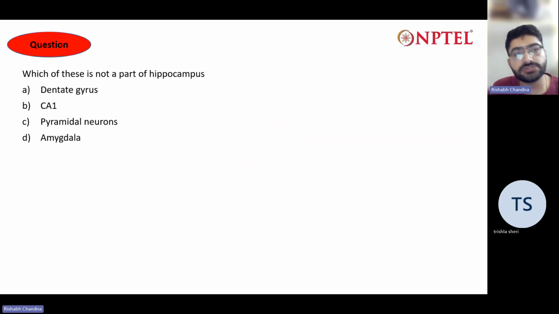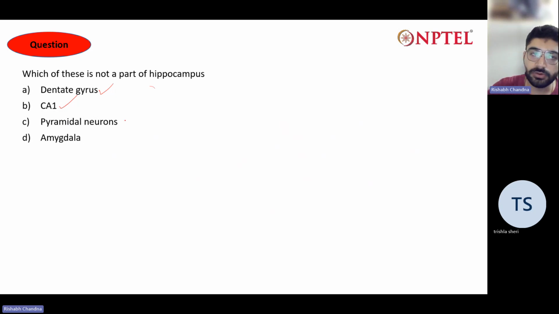Which of these is not a part of the hippocampus? The hippocampus consists of many parts, which are out of context in this scenario. For the basic needs, we know that it has the dentate gyrus and CA1. The CA regions are in the hippocampus and are named ranging from CA1 to CA4.